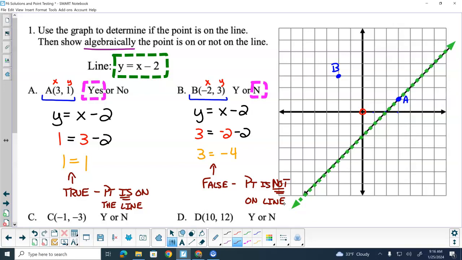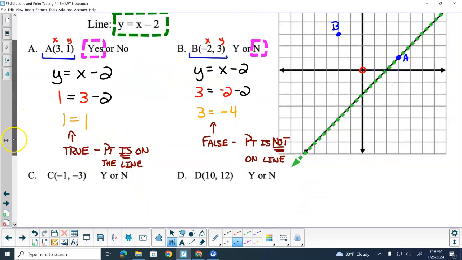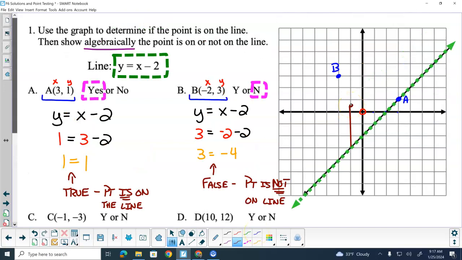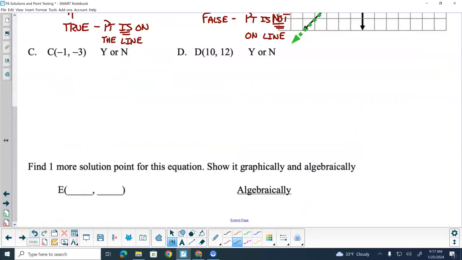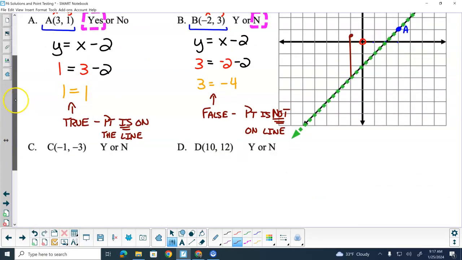Point C. Is point C on our line? Yeah? Because we go which way? Left 1, and then down 3. Whoa! Tap the brakes. What happened there?